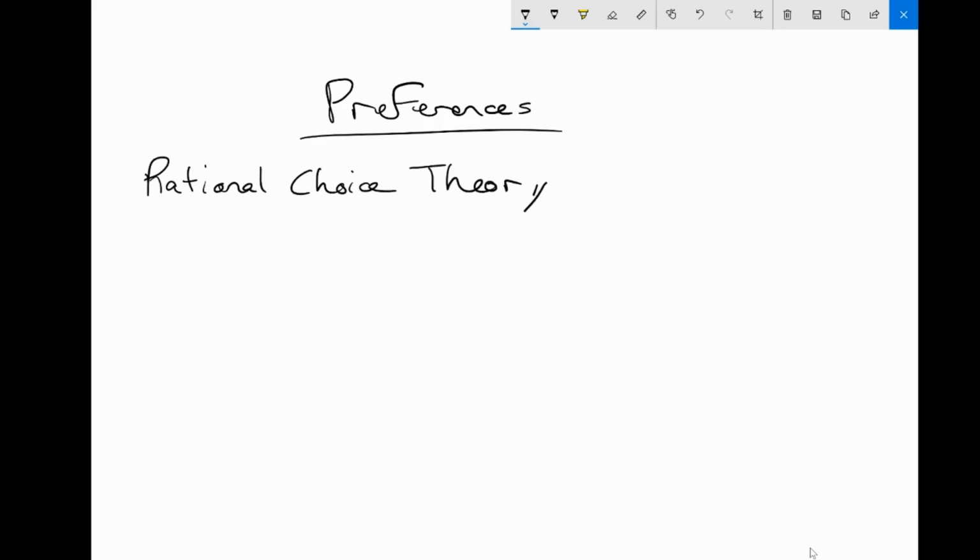We're going to formalize rational choice theory, and we're going to put in place three axioms. There are other ways of going about these axioms, but I'm going to use these three because I think it's straightforward and I think it'll motivate what we're going to do.